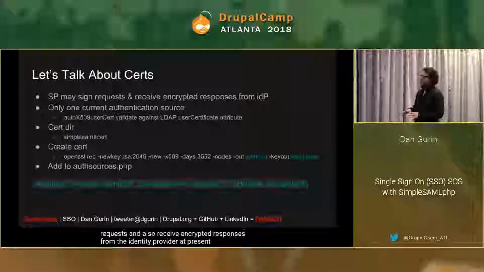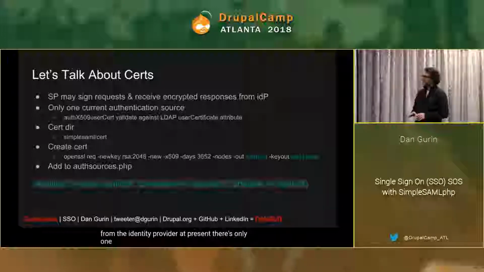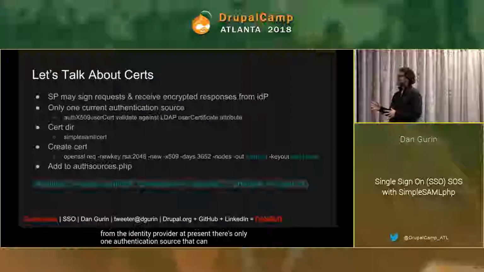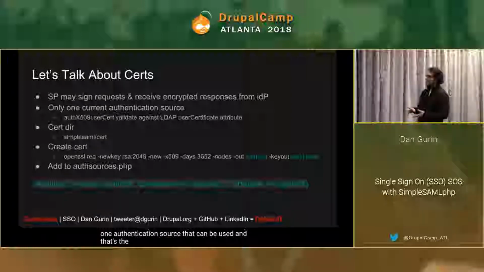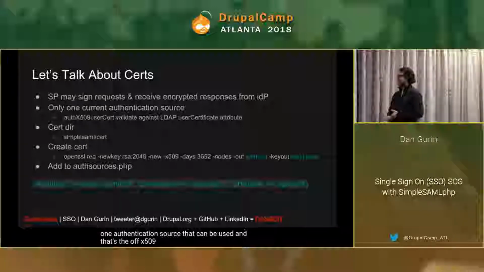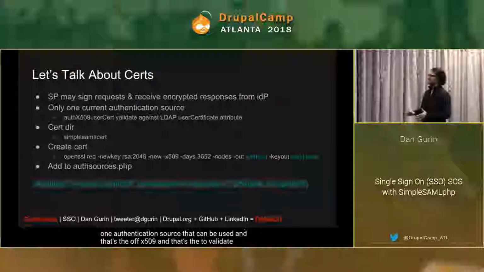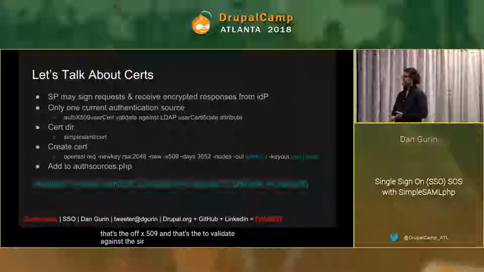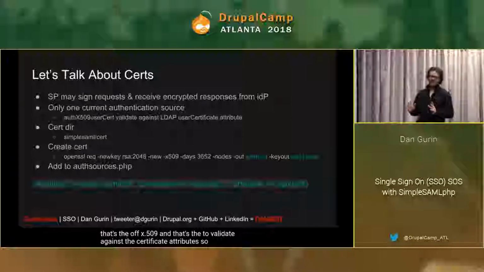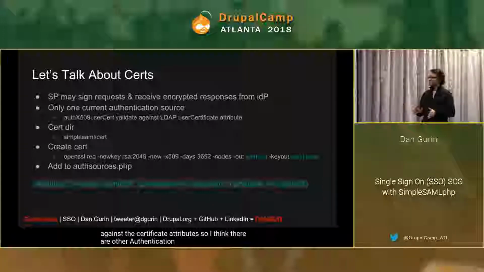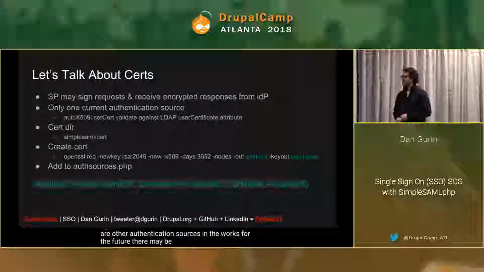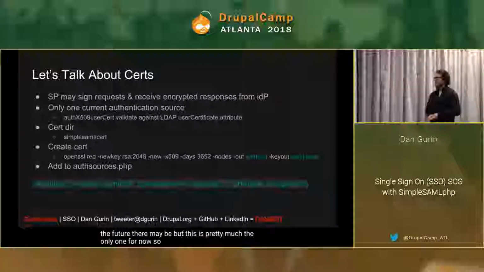At present, there's only one authentication source that can be used, and that's the auth X509, and that's to validate against the LDAP user certificate attribute. So I think there are other authentication sources in the works for the future. There may be, but this is pretty much the only one for now.